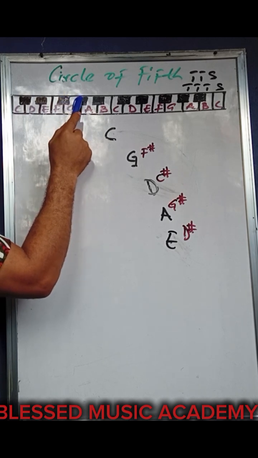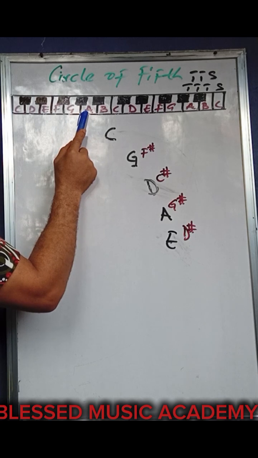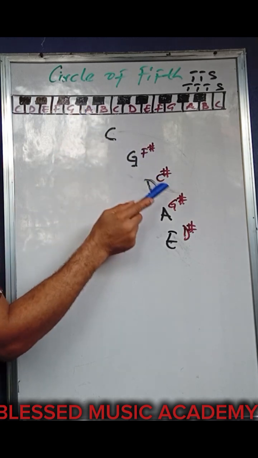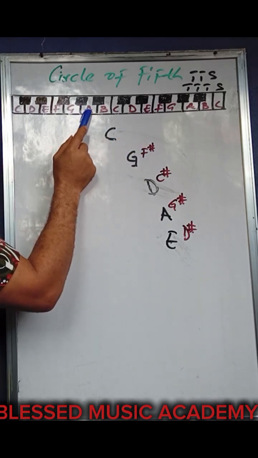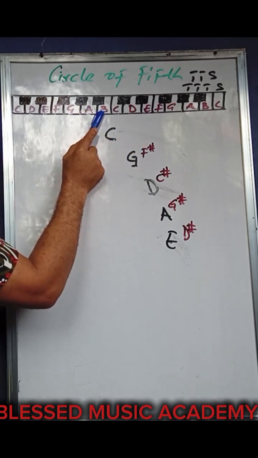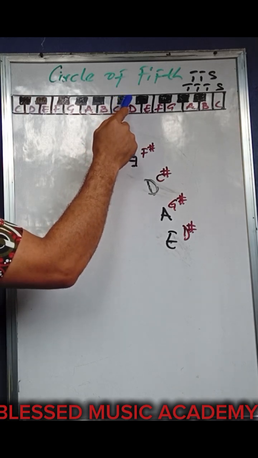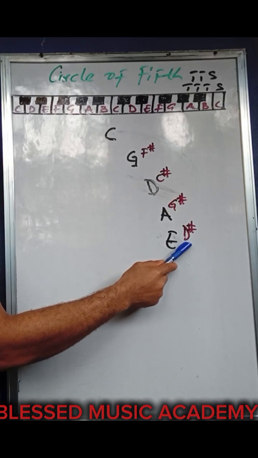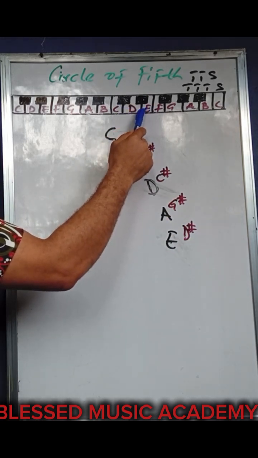F sharp to G sharp, another tone. G sharp to A is a semitone. Now A to B is a tone, B to C sharp is a tone, C sharp to D sharp is a tone, then back to E, which is our semitone.